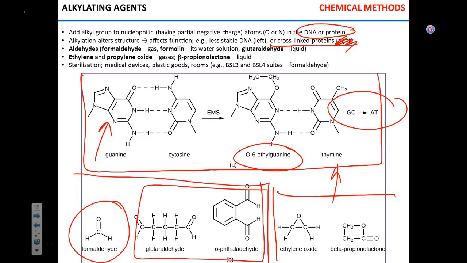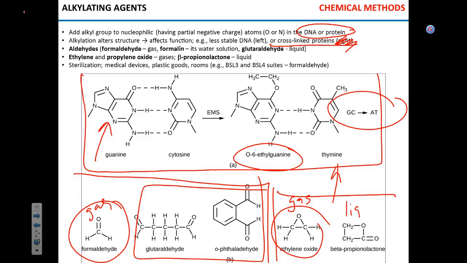Glutaraldehyde and O-phthalaldehyde are liquids, and you need to know whether they're gas or liquid. Often used for treating biological specimens. Ethylene and propylene oxides are both gases.